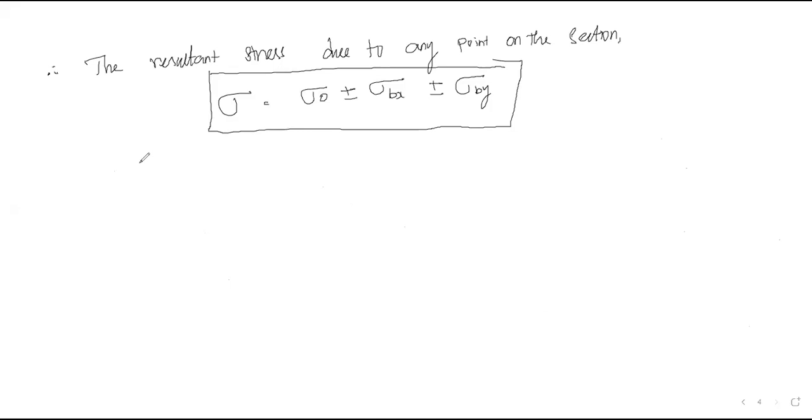Okay, so here the equation changes as P by A plus or minus Mx into y divided by Ixx plus or minus My into x divided by Iyy.